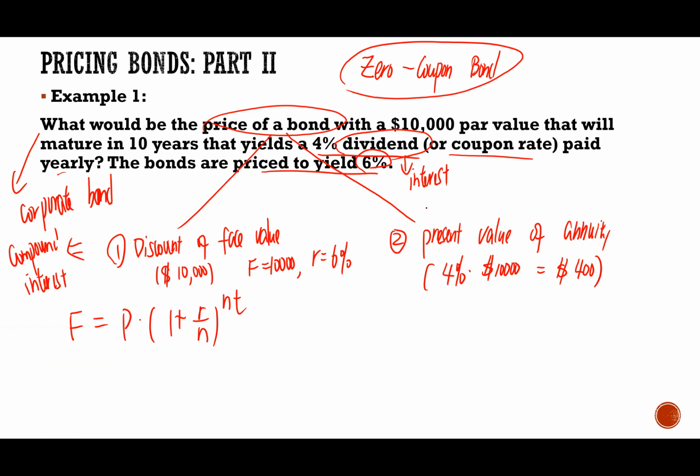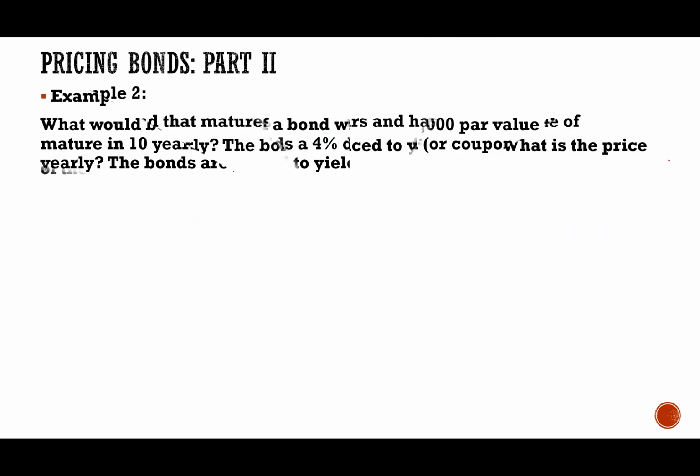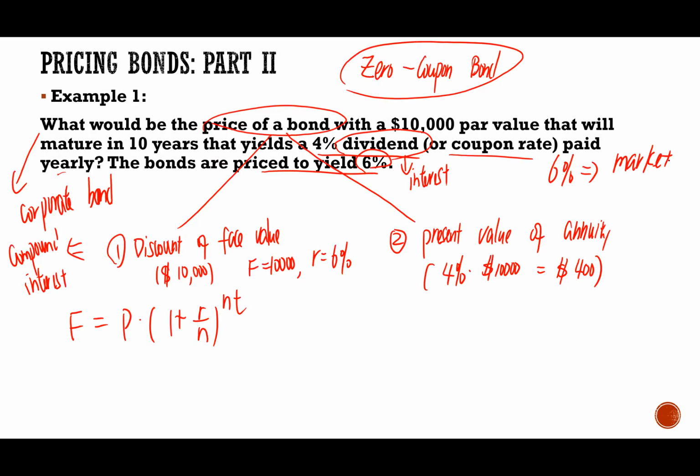In terms of discounting the face value or calculating the present value of the annuities, we always use the market rate. So 6% here is what we call the market rate, the average return you earn on the market.